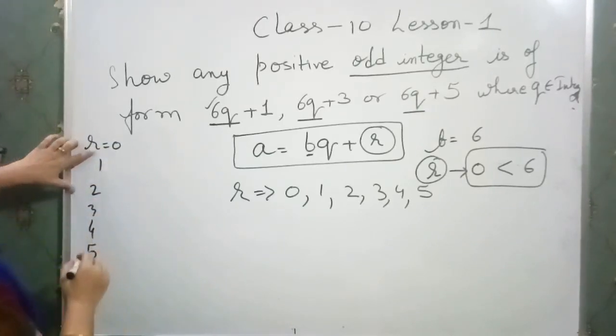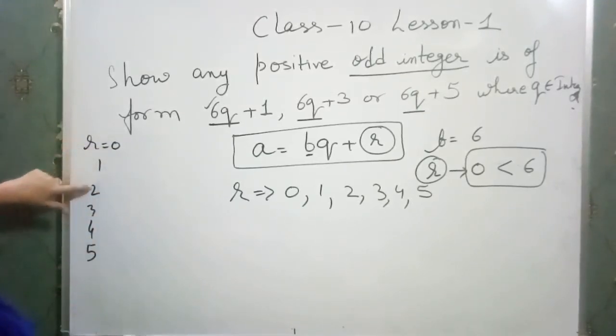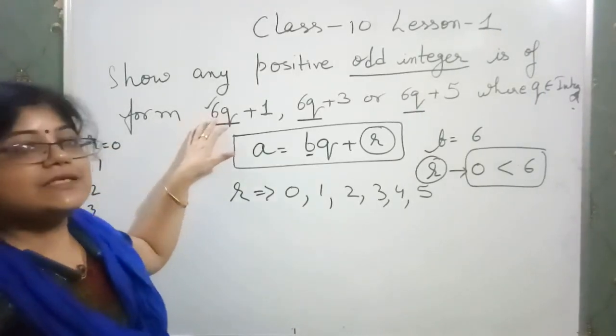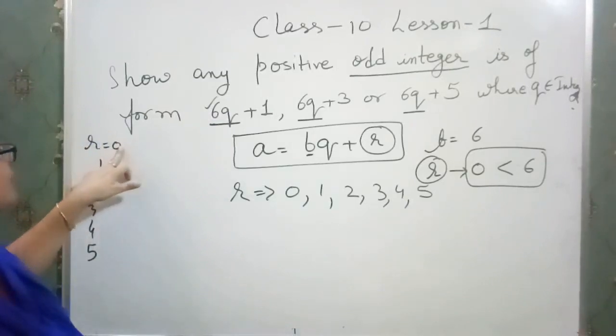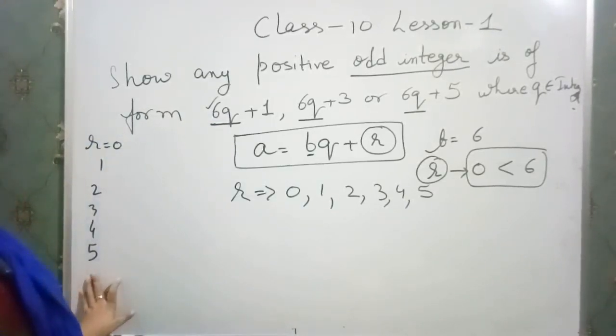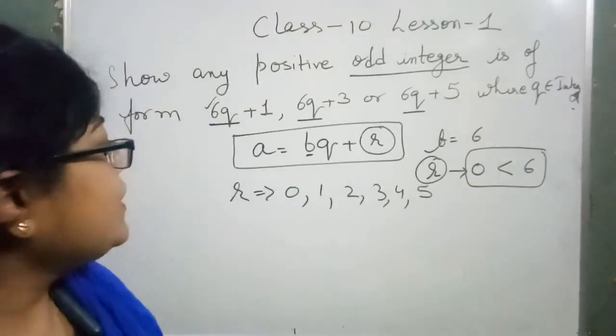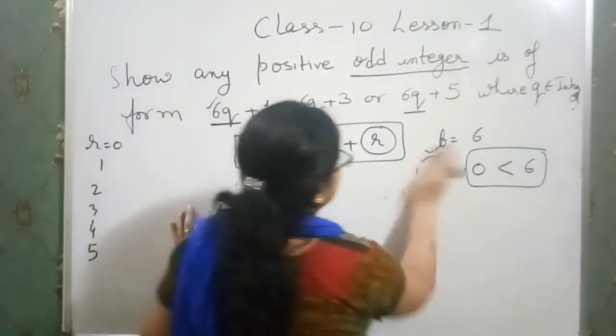If you count, these are 6 values, but as we take from 0, we just leave 6. We check for each and every value in this equation.